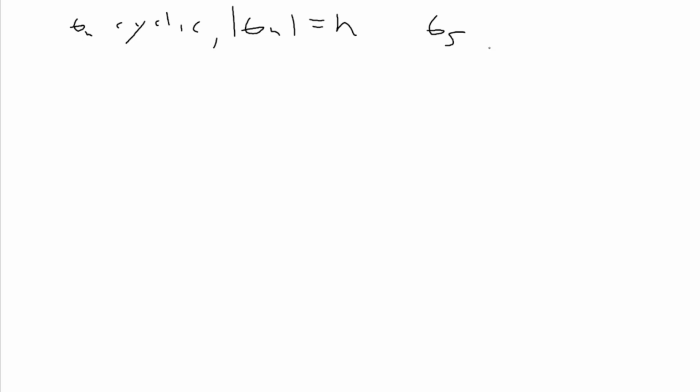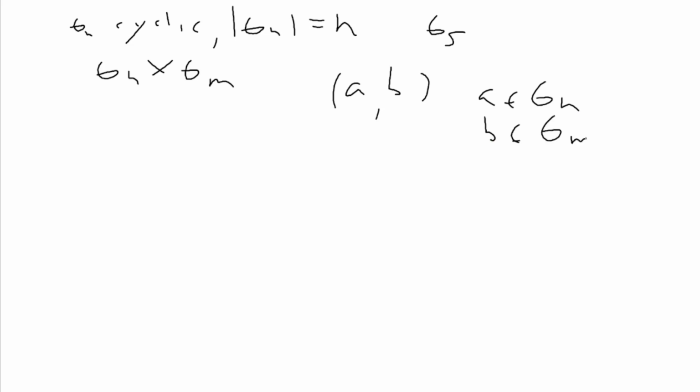And let's say that we can make Cartesian products, which are something like this: Gn times Gm. So that would mean that we have a Cartesian product of a two-tuple (A, B), where A is inside Gn and B is inside Gm.